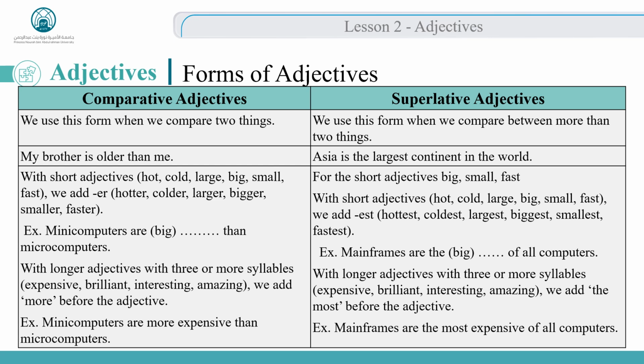With comparative adjectives, when they are long, we add "more" before the adjective: more amazing, more expensive. With superlative adjectives, when they are long, we add "the most" before the adjective. We say the most expensive, the most amazing, the most interesting.